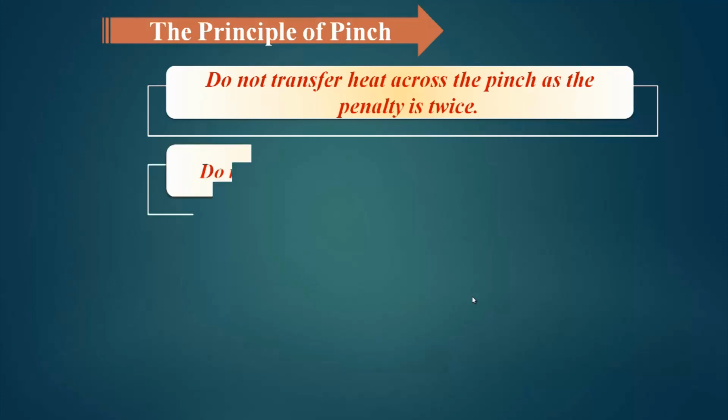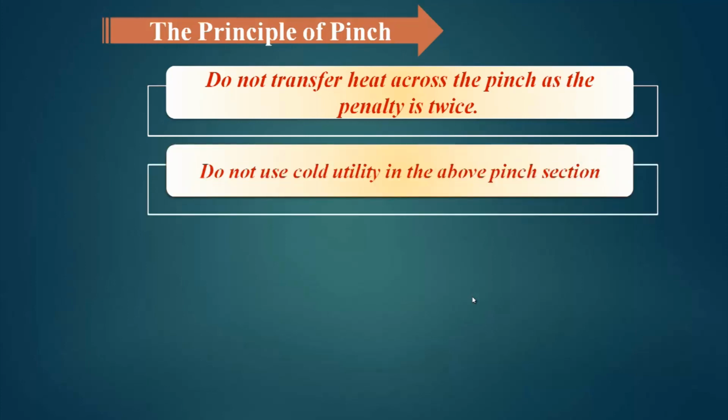The second point is, do not use cold utility in the above pinch section. We have seen that if we use cold utility in the above pinch section, the hot utility demand increases, the overall cold utility demand also increases, and then the area required also increases by the amount of increase in cold and hot utility.